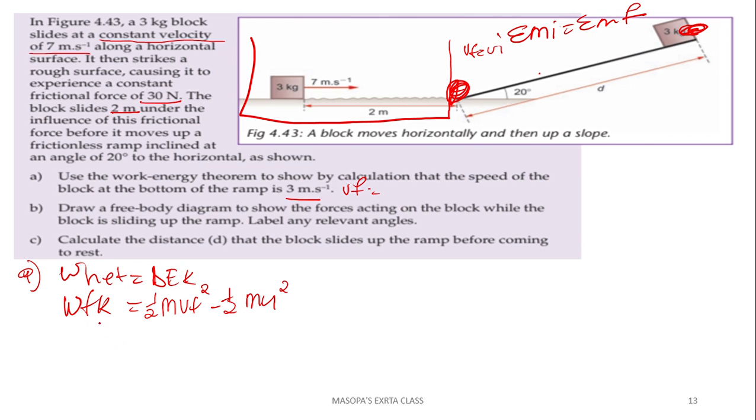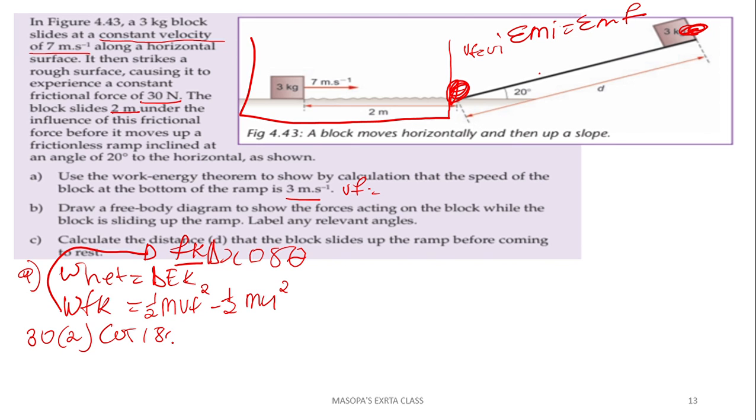Now let's look for the work done by the Fk. We know how we're going to do that. It will be Fk delta x cos theta. So the Fk there experiences a 30 that covers a distance of 2, and cos of 180.